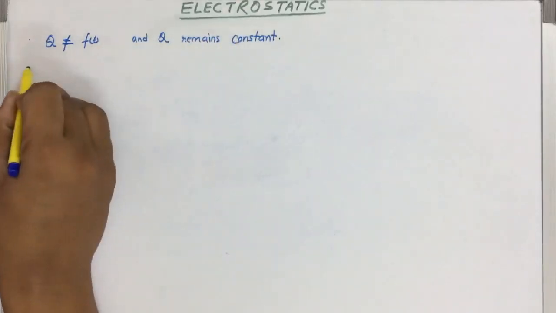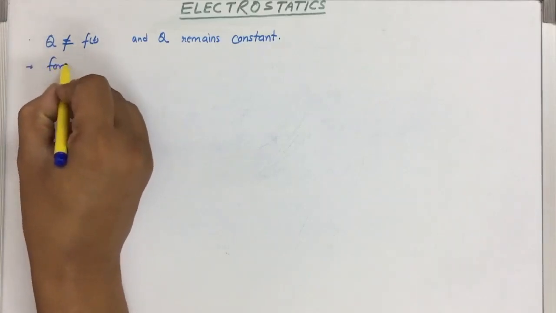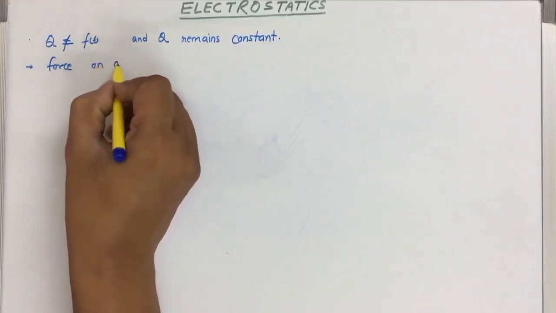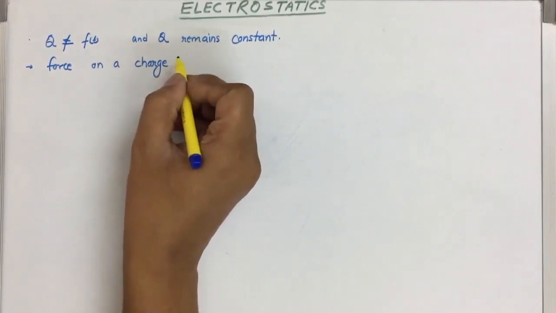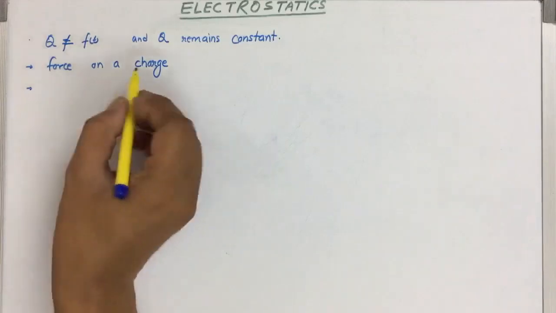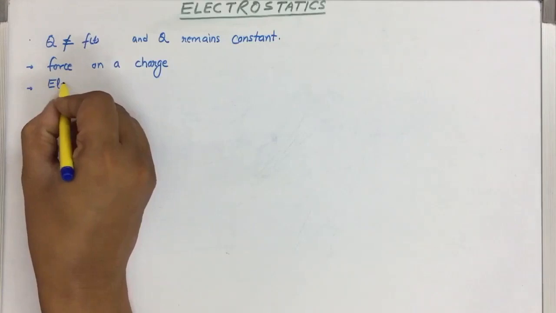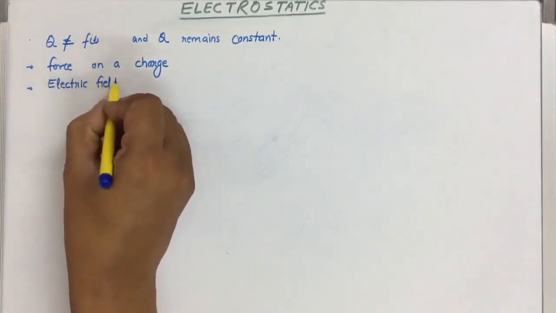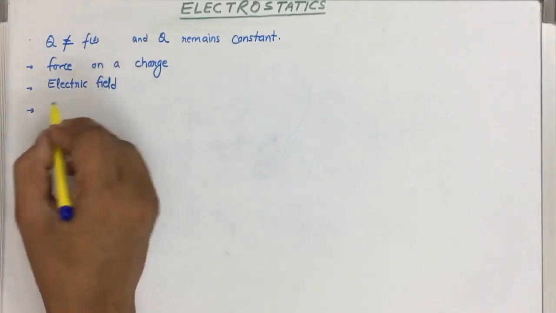That is the first property, force on a charge. First thing that we will discuss. The second point will be the electric field, and in continuation we will do electric potential.